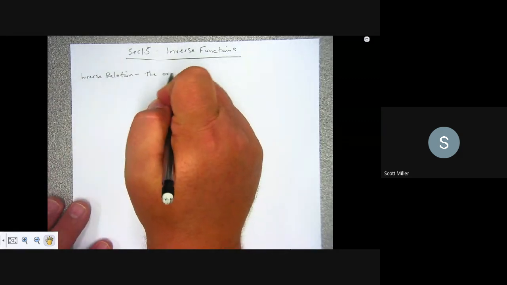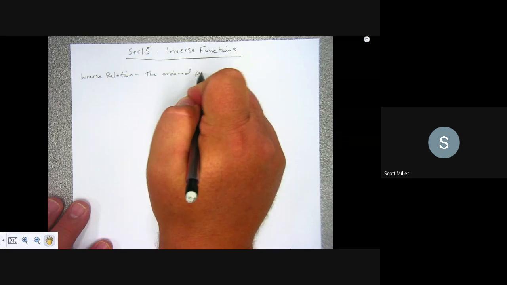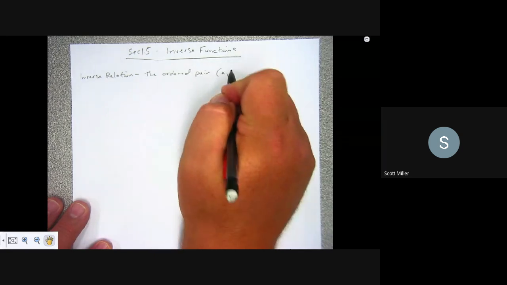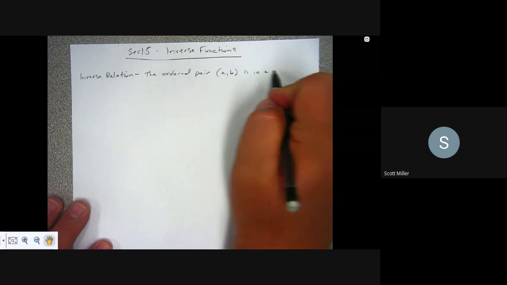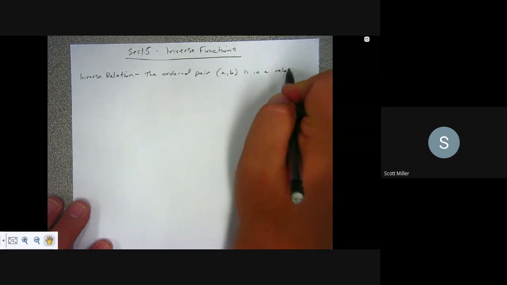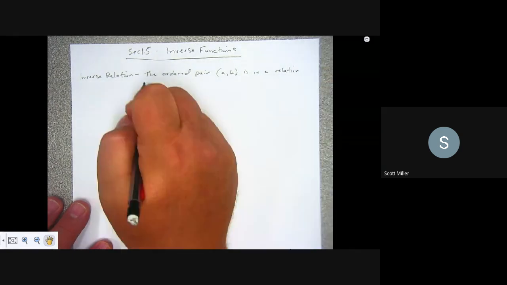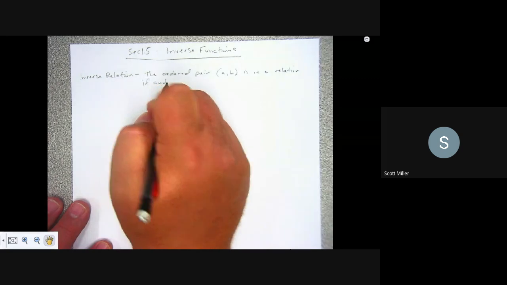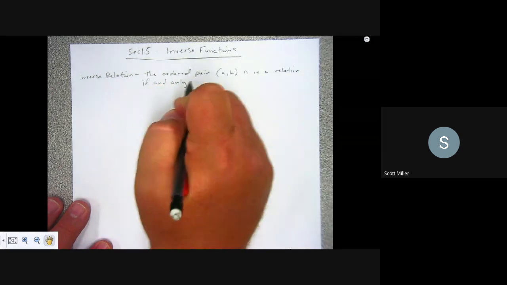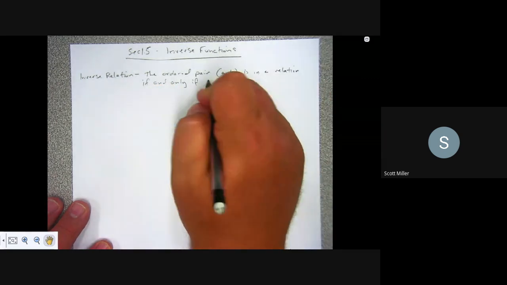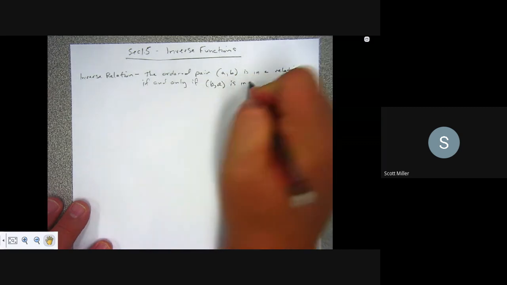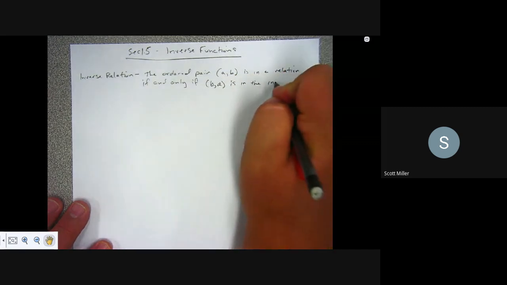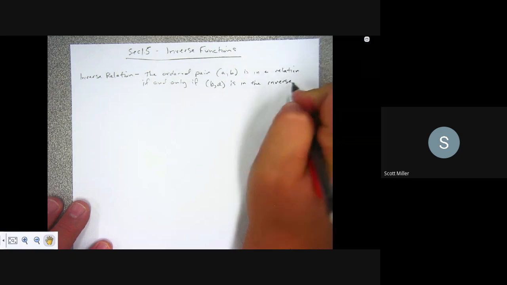The ordered pair (a, b) is in a relation if and only if (b, a) is in the inverse relation.